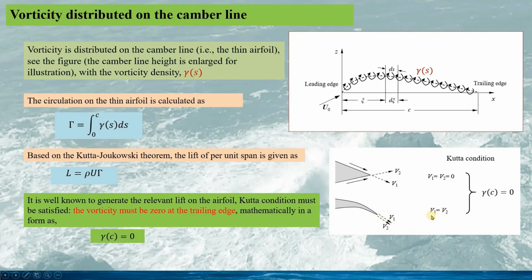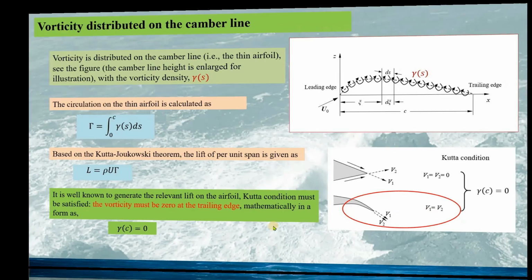The Kutta condition would ask V1 equals V2. So in these two cases, the Kutta condition must be given by gamma(c) equaling 0. So for the thin airfoil, this is the situation we need to consider.